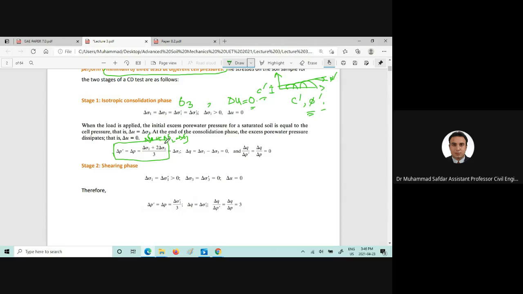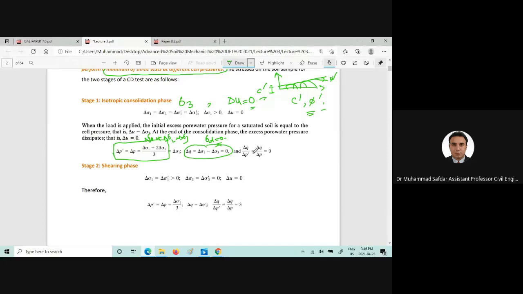Now, we already know that delta sigma 1 is equal to delta sigma 2 and delta sigma 3 in the consolidation stage. This can also be simplified: the deviator stress, which is delta sigma 1 minus delta sigma 3, is equal to 0 because no sigma d is applied in stage 1.